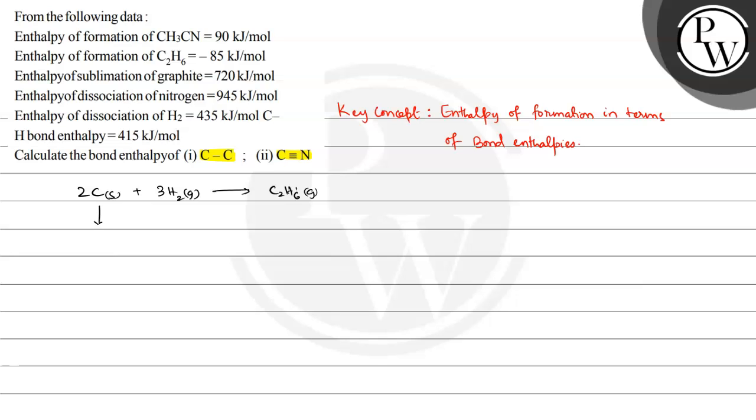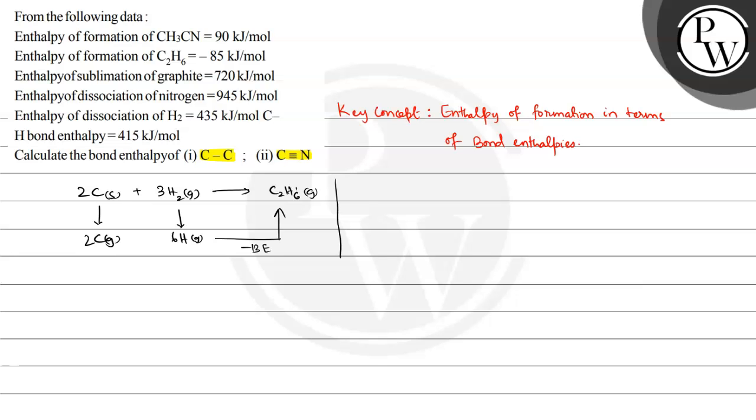So इसमें क्या होता है, first carbon is converted to carbon gas plus hydrogen is converted to hydrogen atom, so 6H atom, and then जो bond energies हैं वो deduct हो जाते हैं and then we get C2H6 gas. So इसकी जो energy content है, let us calculate it here. So carbon to carbon gas, it requires 2 multiplied by enthalpy of sublimation of graphite.